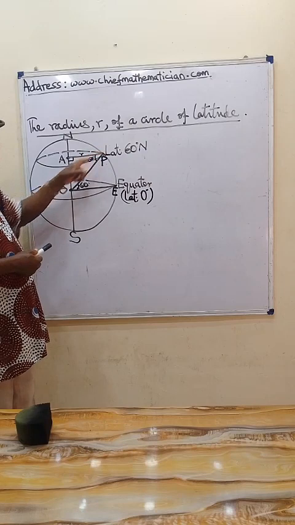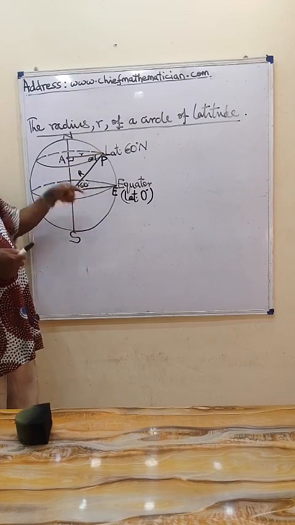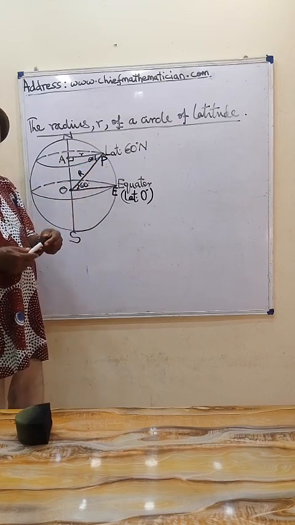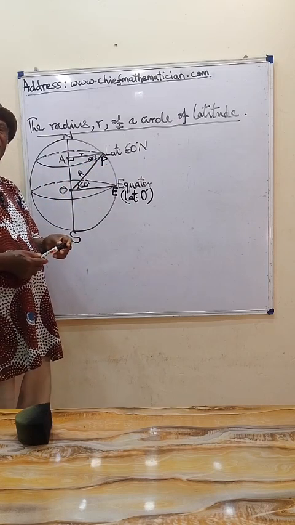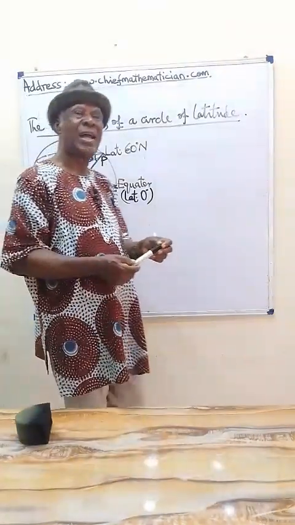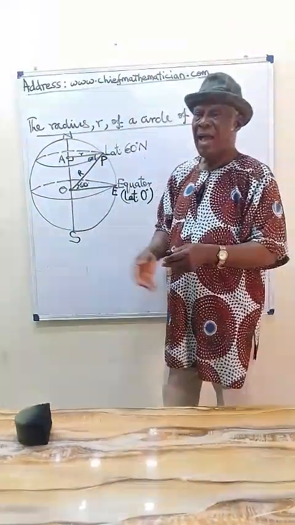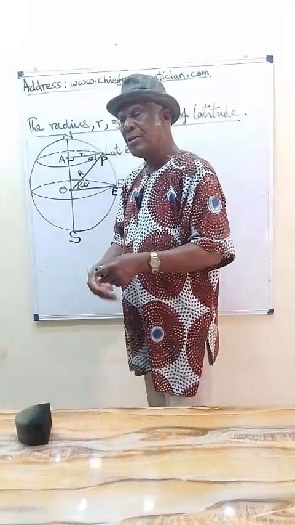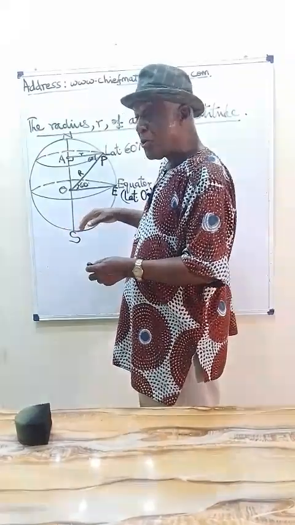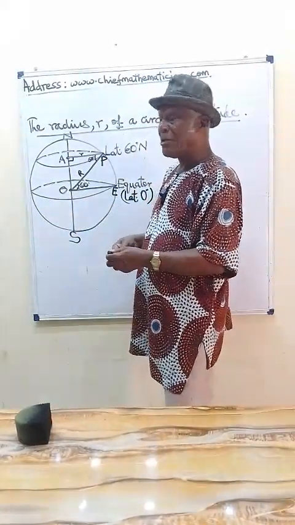And so, with OP, if angle POE is 60 degrees, then angle APO is also 60 degrees, being alternate angles. When two lines are parallel and a transversal cuts them, it gives rise to alternate angles.